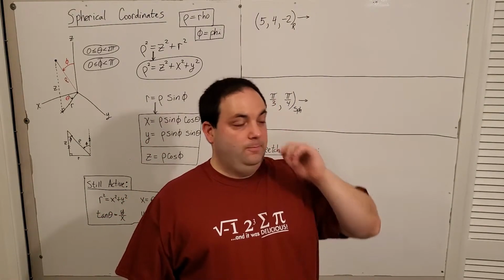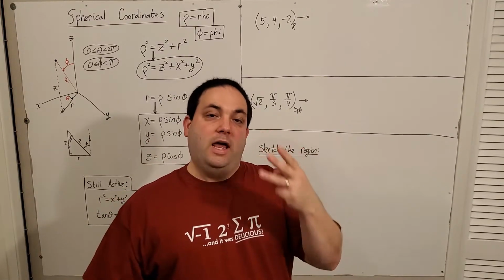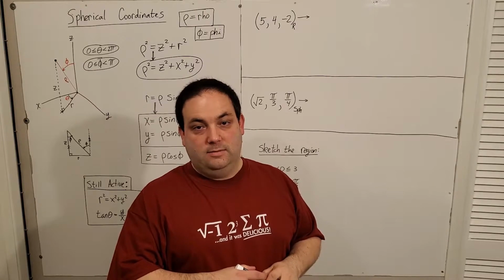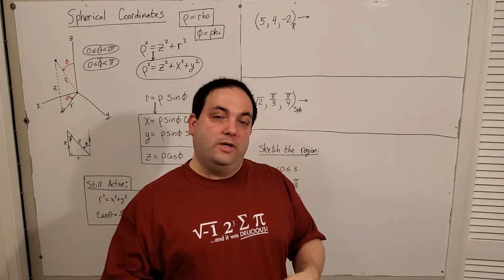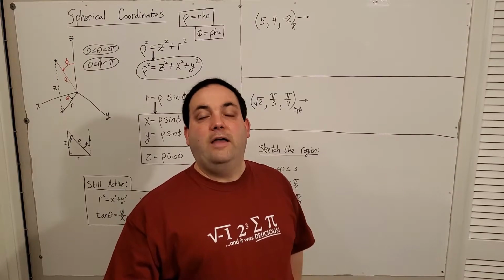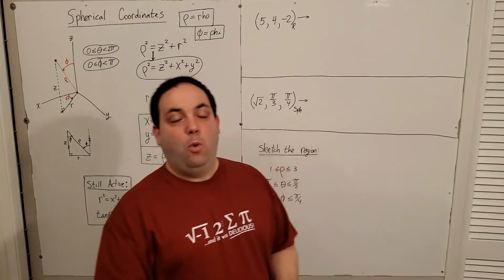Okay, so just like any other coordinate system, you need to have 3 coordinates. Okay, but this time 2 of the coordinates are going to be angular and then 1 will be radial. All right, so this is how that works.